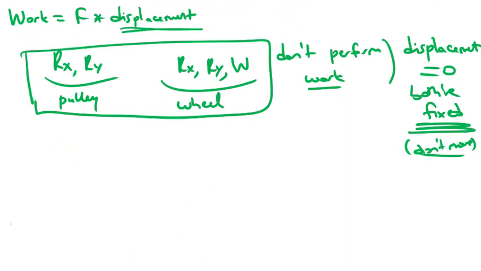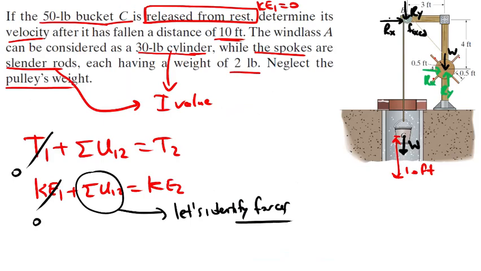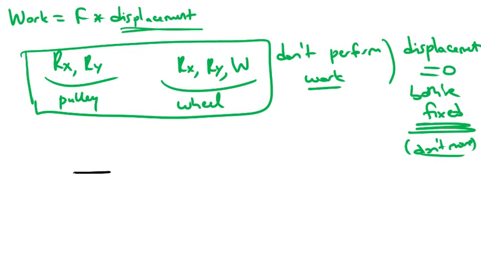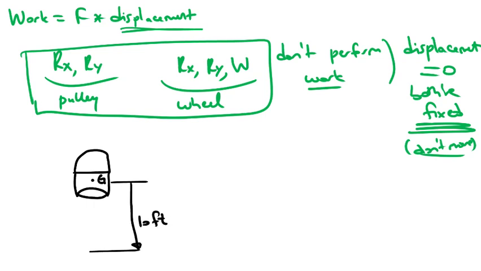So let's start with the bucket case. We have a bucket, and it will fall. I hope it looks like a bucket. It has a center G, and it will displace 10 feet. The bucket has a weight W. The weight W and the displacement are in the same direction.